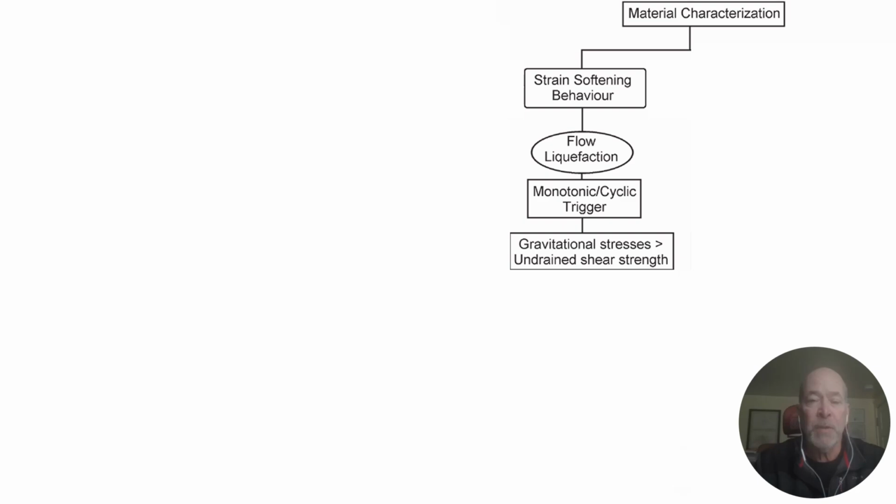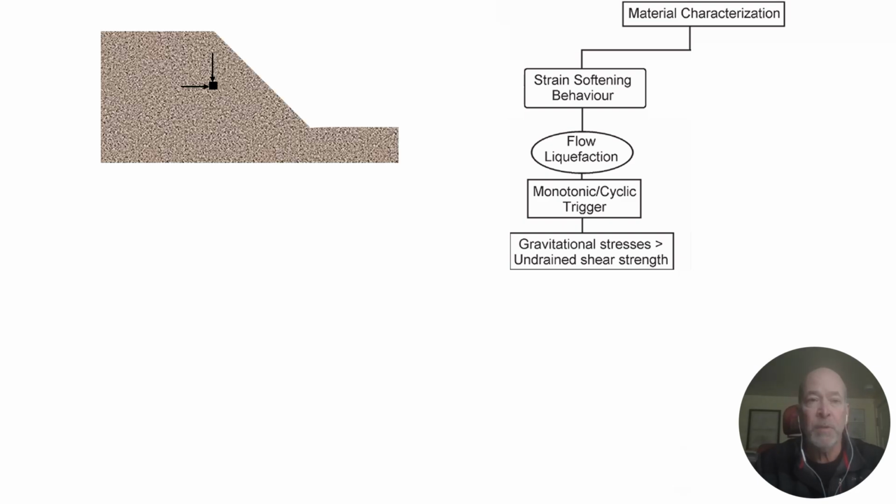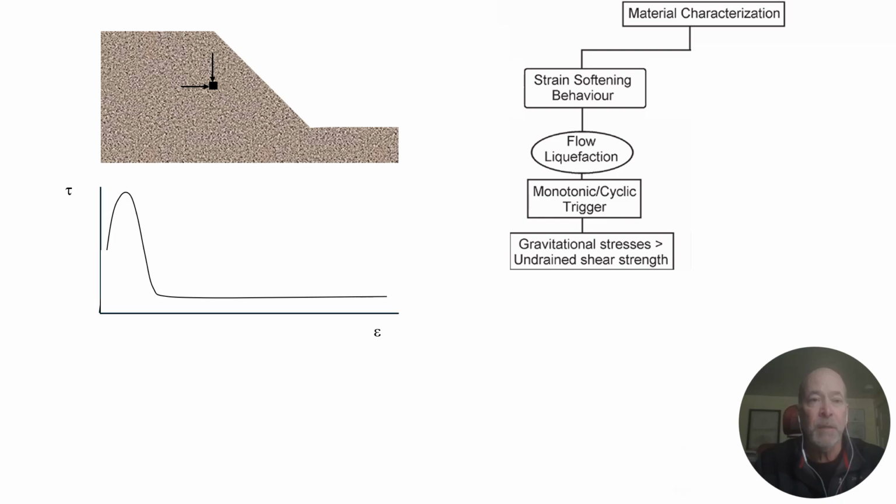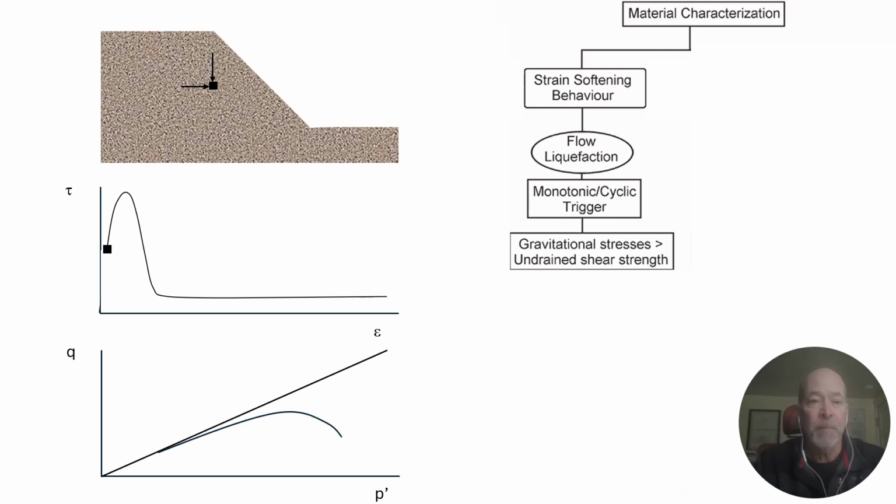Now, are the gravitational stresses greater than the undrained shear strength? So we've got a slope, it could be a dam, it could be just a slope. And we've got some static shear stresses on that. So let's look at this in tau epsilon and PQ space.